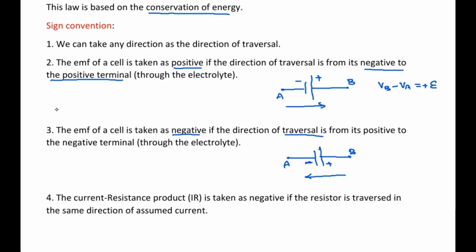In this case, the initial point is B, potential VB. The final point is A, potential VA. So, potential difference in this case will be VA minus VB, generally final value minus initial value. That is equal to minus E. This sign convention we need to follow.